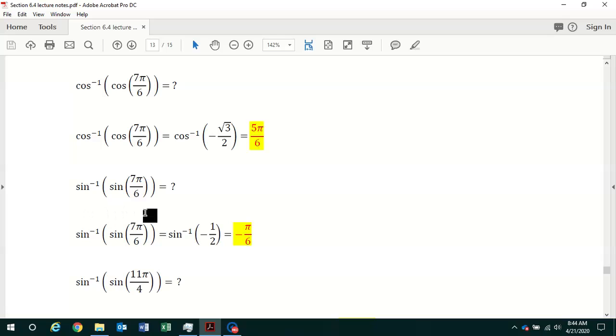So this composite is equal to minus pi over 6 radians. Again, the inverse sine and sine did not cancel in the composition because 7 pi over 6 is outside the range of the inverse sine function.